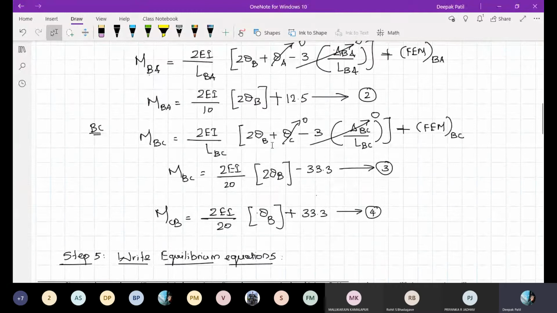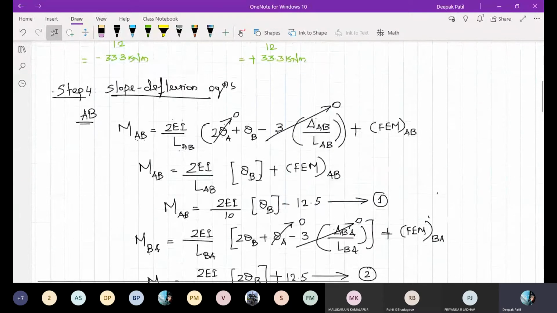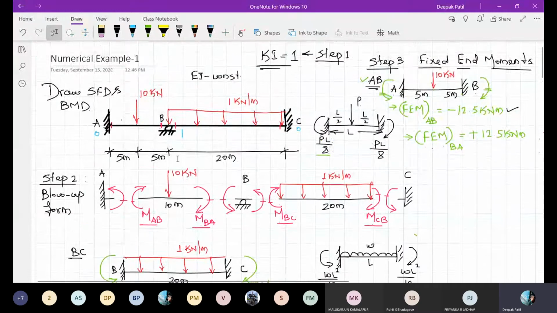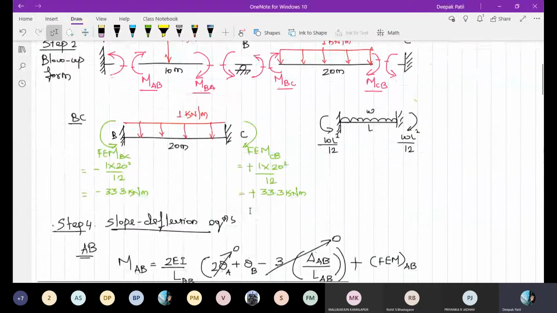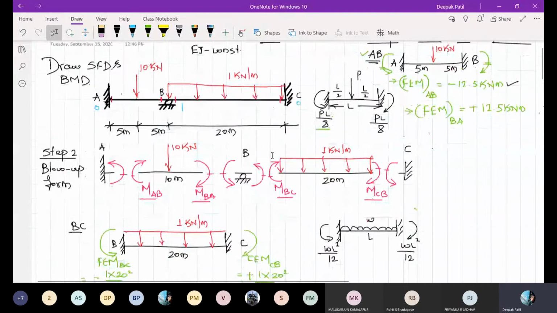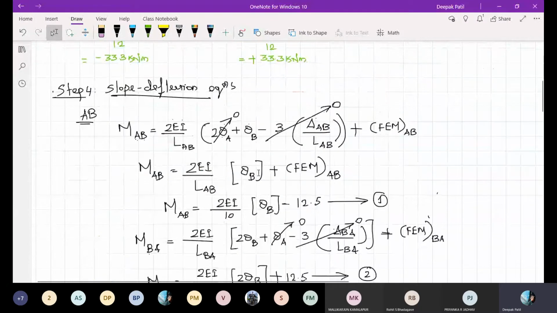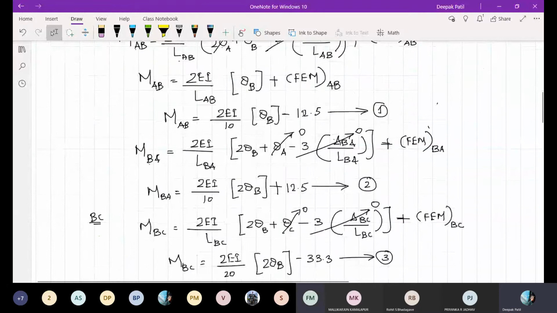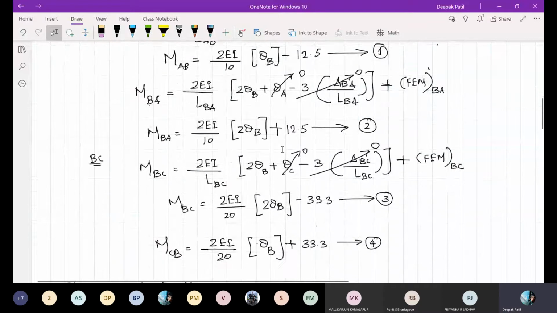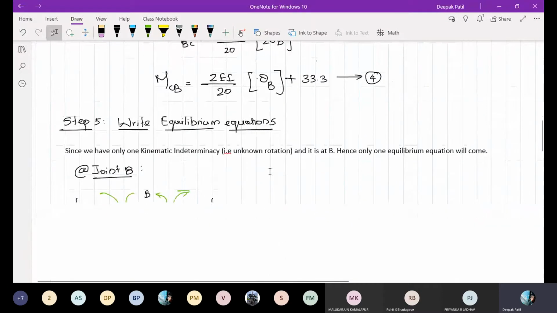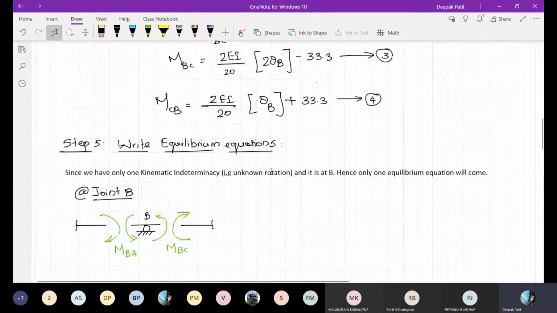Then we wrote a simplified slope deflection equation by assuming theta A as 0, because A is a fixed support. So theta A is 0, and there is no settlement given in the whole numerical example. So delta AB is also 0. So we wrote the simplified moment equations for MAB, MBA, MBC, and MCB, right? So this was the one that we did till the last class.